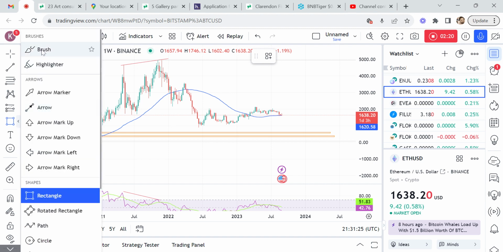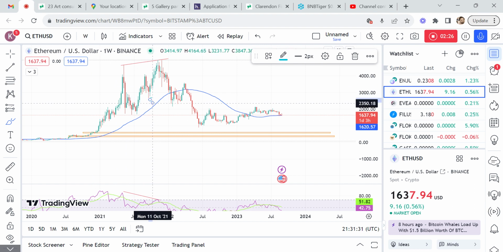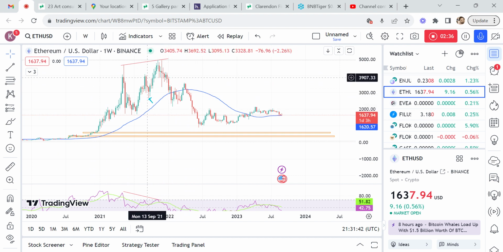Let me have our brush too, so we have a proper analysis of Ethereum. So when this low was taken, it was at this point the market confirmed that it really wants to go down. You realize that it dropped down, it took out this low, and then it had a retracement and then dropped down again. All right, what do we have here?